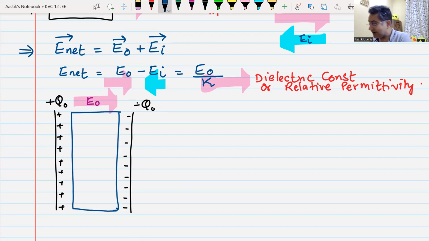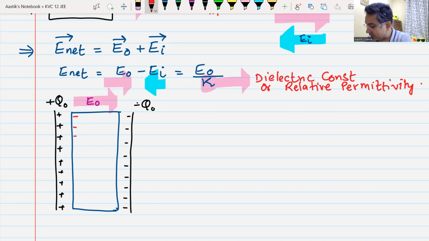Now, because of this dielectric that I have put, something will happen. Who will tell me what will happen? This is a dielectric. What will happen? On the left hand side, what charge will I get? Negative.